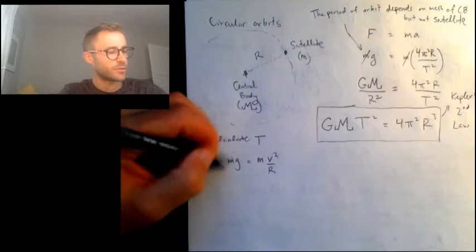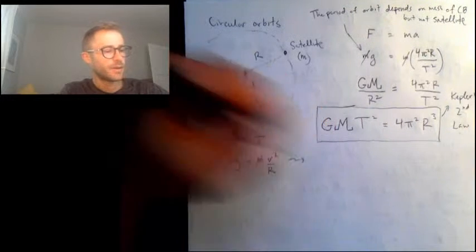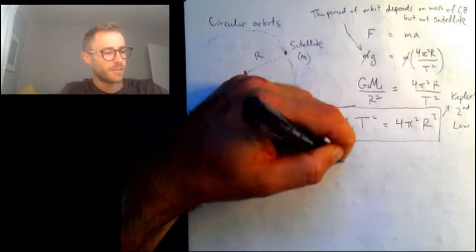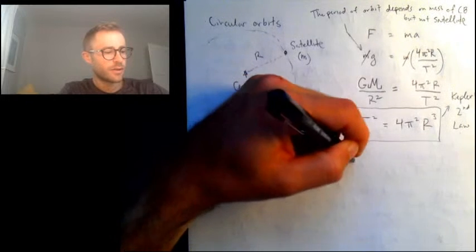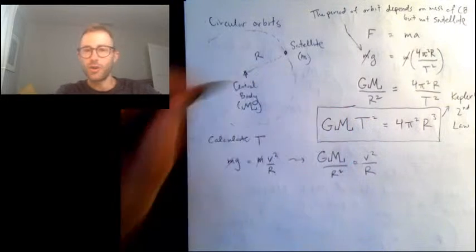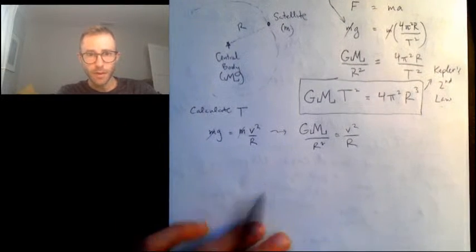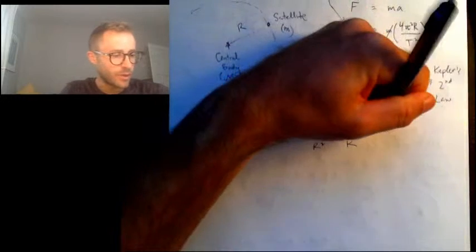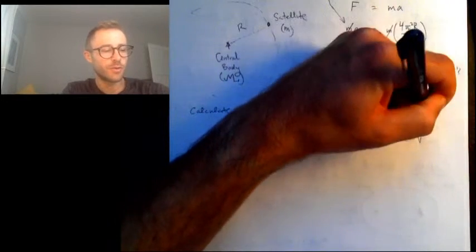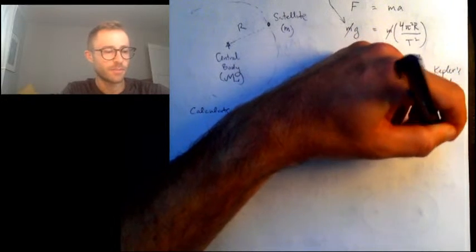So the masses would still cancel, and I would have big G, big M over r squared equals v squared over r. And then I could solve for the velocity. And what that tells me is that the velocity of the orbit is the square root of big G times big M over r.